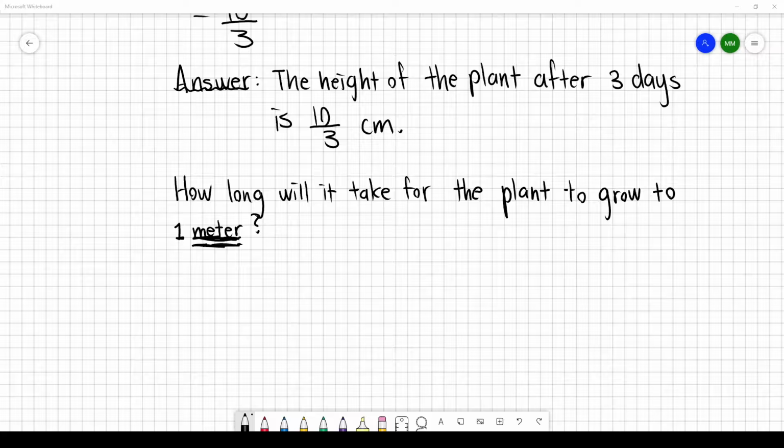Okay. So 293 is the correct answer. So 1 meter is 100 centimeters. Therefore, it's the height, so I plug in the y value.